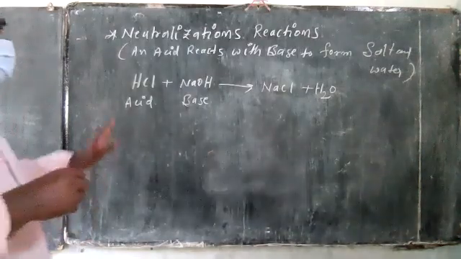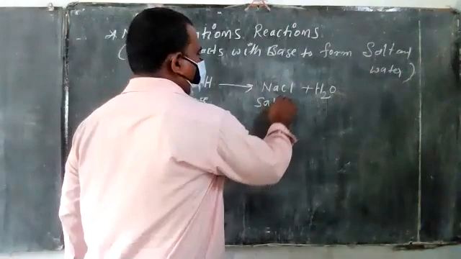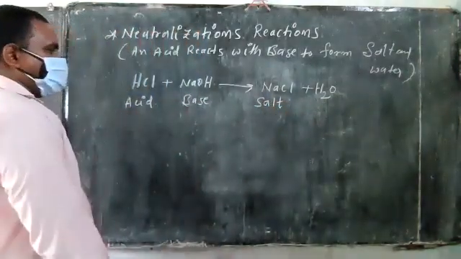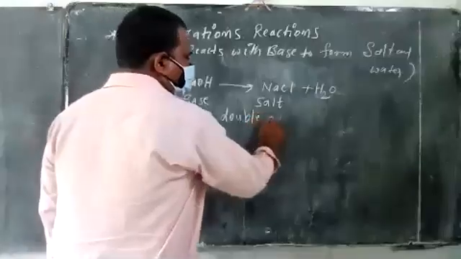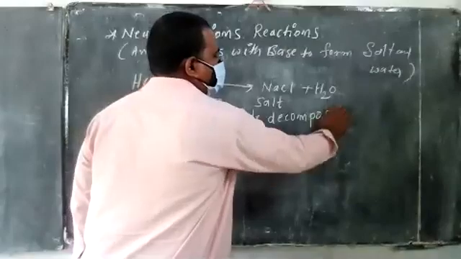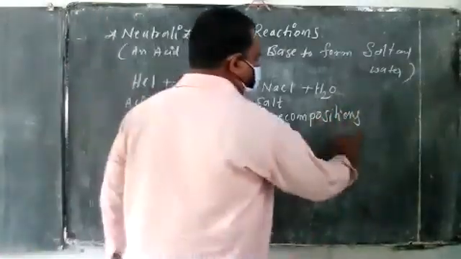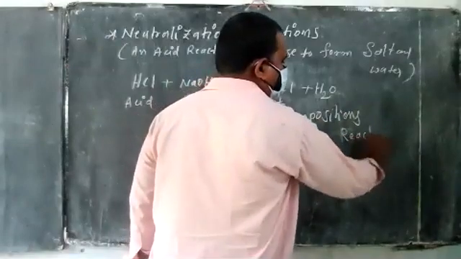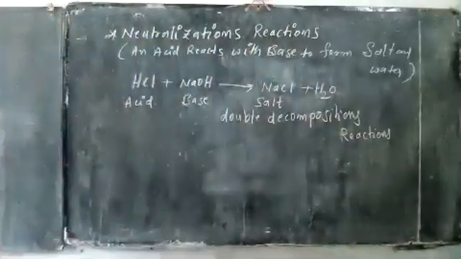An acid reacts with a base to form a salt and water, and this is a type of double decomposition reaction. Right. Double decomposition means what?